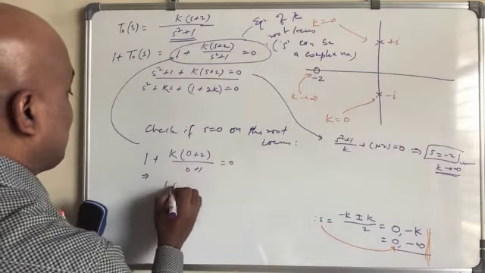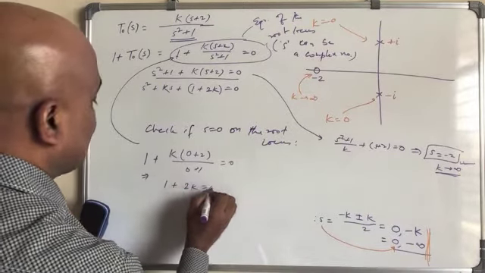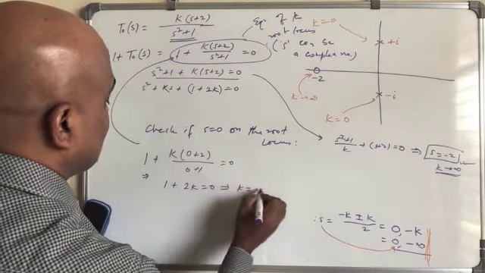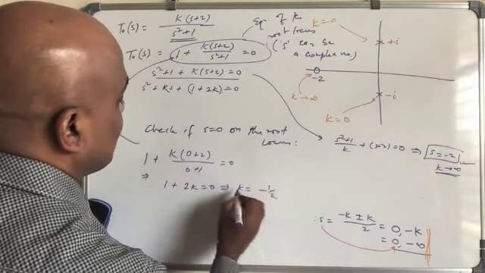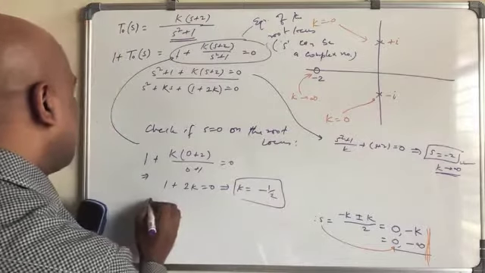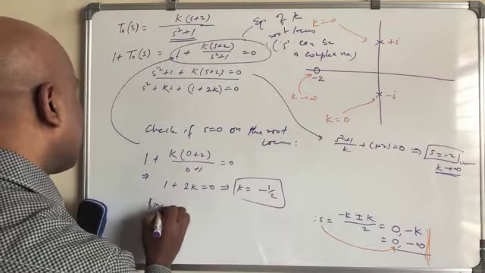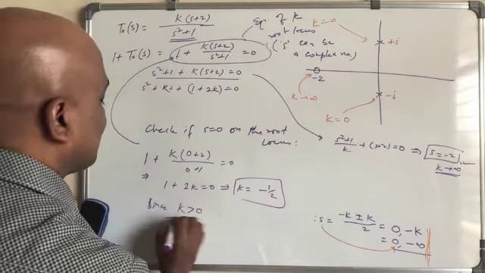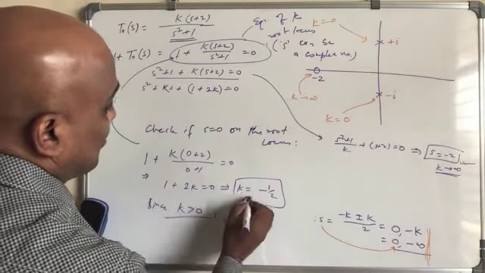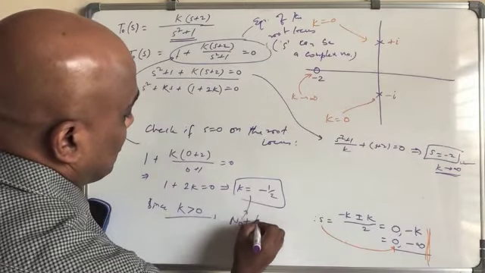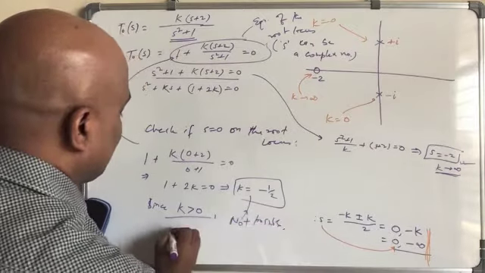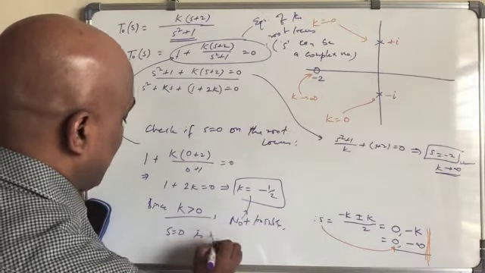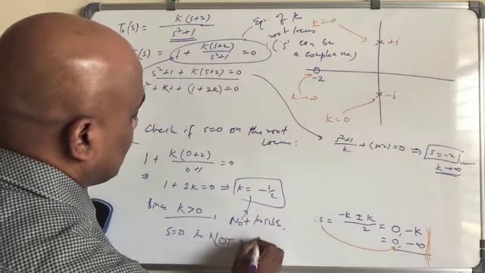That makes it 1 plus 2k equal to 0, and hence k equal to minus 1 over 2. Now we started with k greater than 0, so this is not possible, and hence s equal to 0 is not on the root locus.